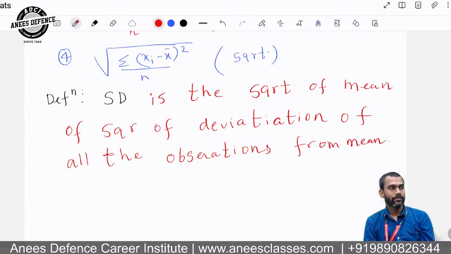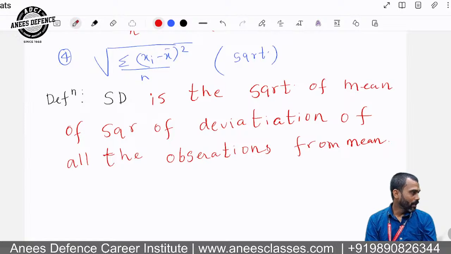Is there any doubt? First, find out the mean, deviation, square, mean, square root.